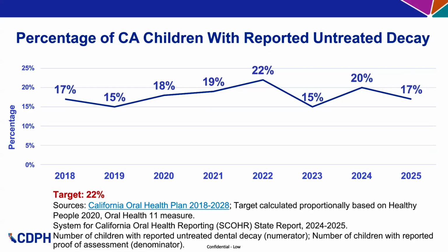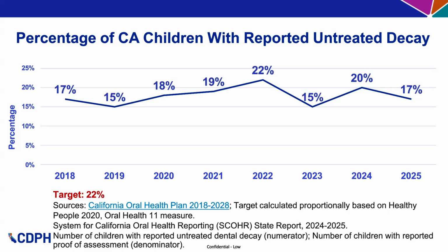So this slide reflects the percentage of California children with reported untreated decay, for the time period shown. The trend line has remained quite steady, again below the target value. Some year-to-year variability is observed here as well, but in the most recent years the estimates have rebounded, and there has been a clear recovery.